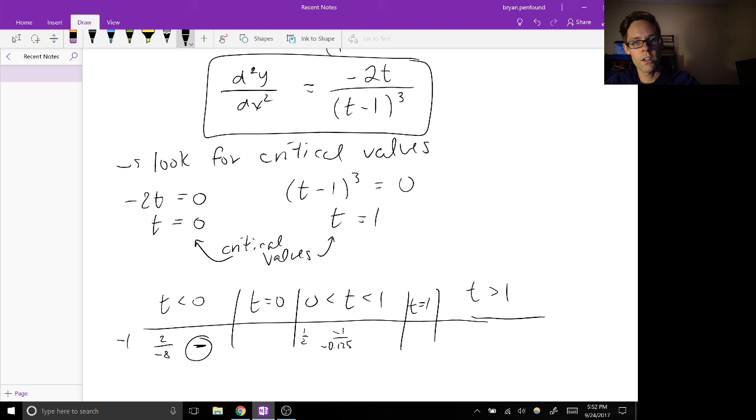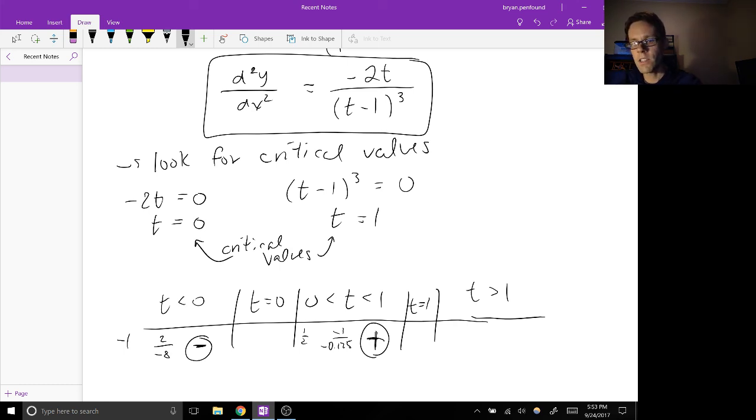Okay, so my numerator plugging in 1/2 gives me negative 1, and my denominator plugging in 1/2 gives me negative 0.125. So overall, I have a sign that's positive in this region. So in this region, my parametric curve is going to be concave up.